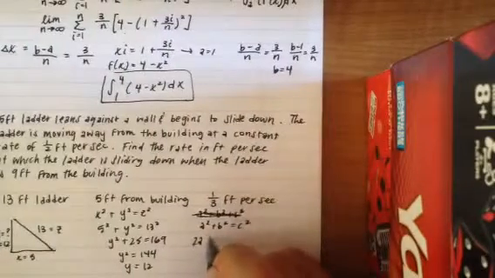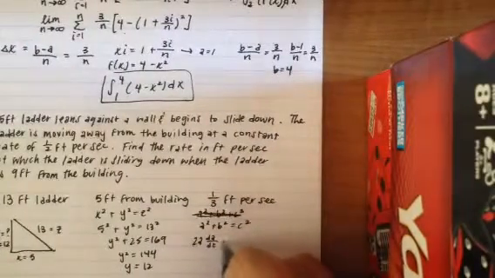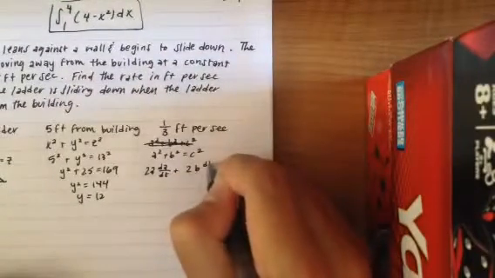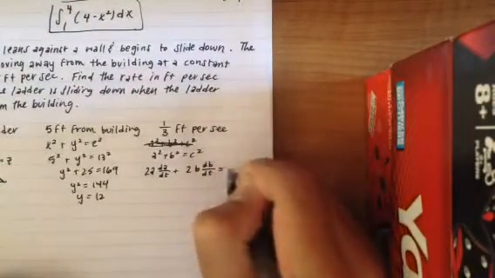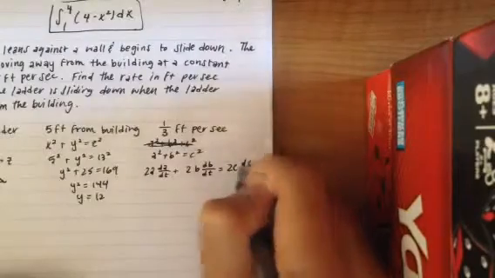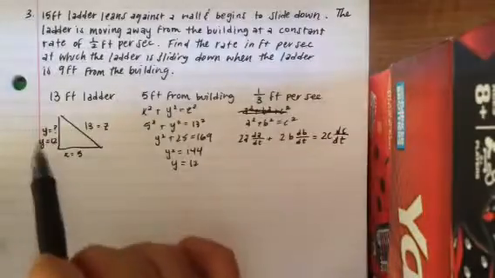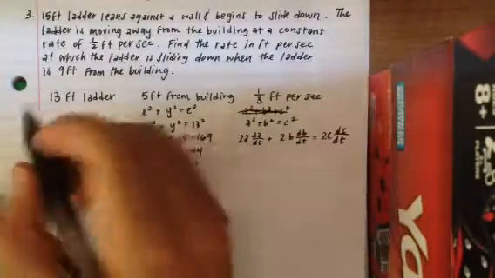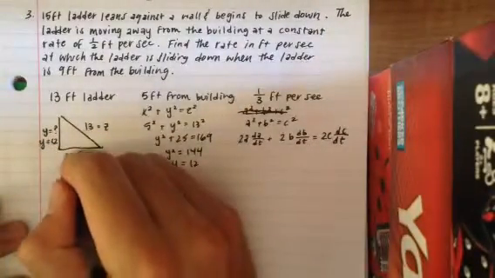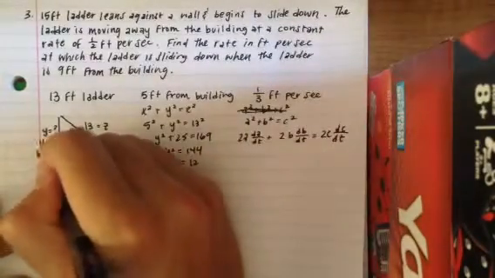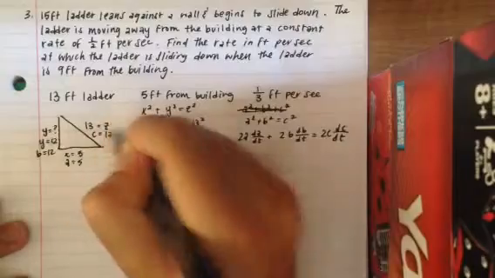So this is 2a dA over dt plus 2b dB over dt equals 2c dc over dt. Now over here, I'm going to change this to a equals 5, b equals 12, and c equals 13.